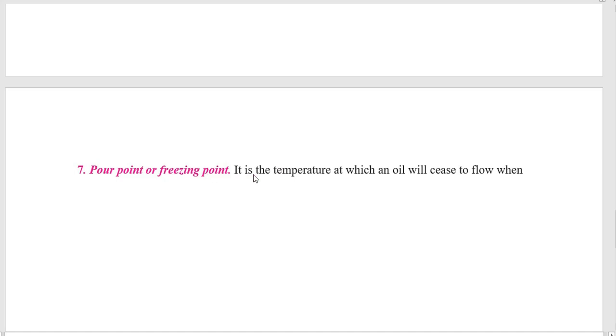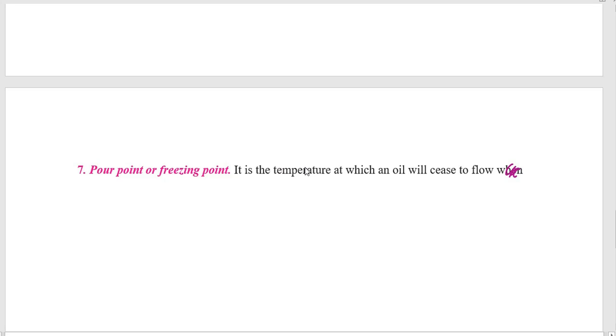Then the pour point or the freezing point is the temperature at which an oil will cease to flow. So when you use this particular oil, you realize that at the pour point or freezing point, where it ceases to flow, you must identify that this oil is not going to be used in places where there is high variation in temperatures.